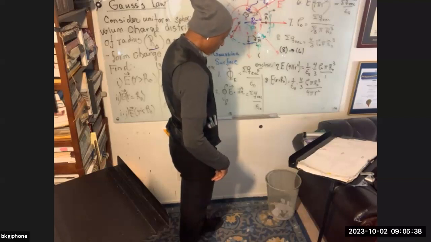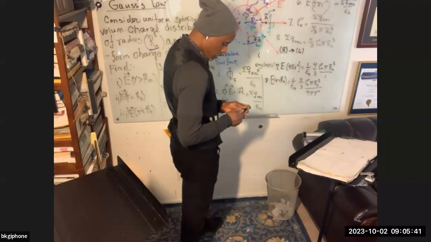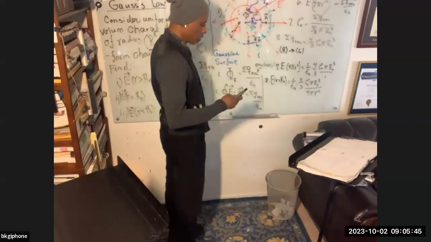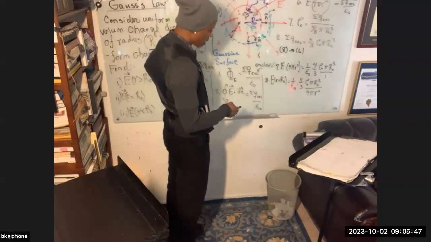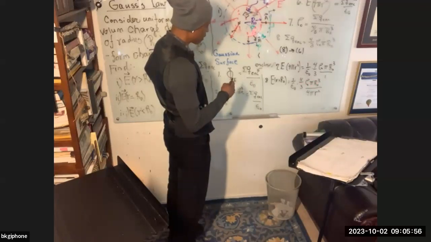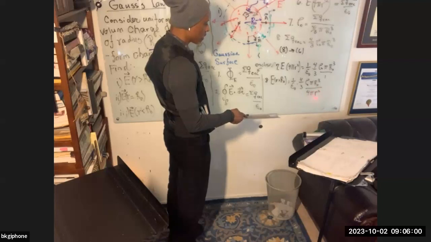I'm going to separate this out. In this result, there's only one thing that's a variable. The 1 over epsilon naught is constant. 4/3 is constant, obviously. Rho is a constant because the charge is uniform. Pi is constant. R naught cubed is constant. And on the bottom, 4 pi is constant. The only thing that's varying is r squared.